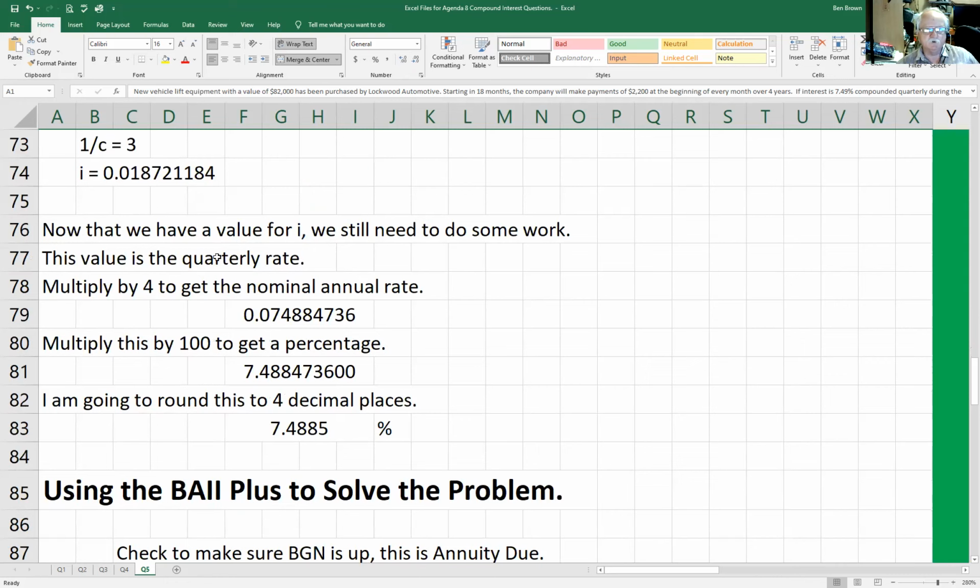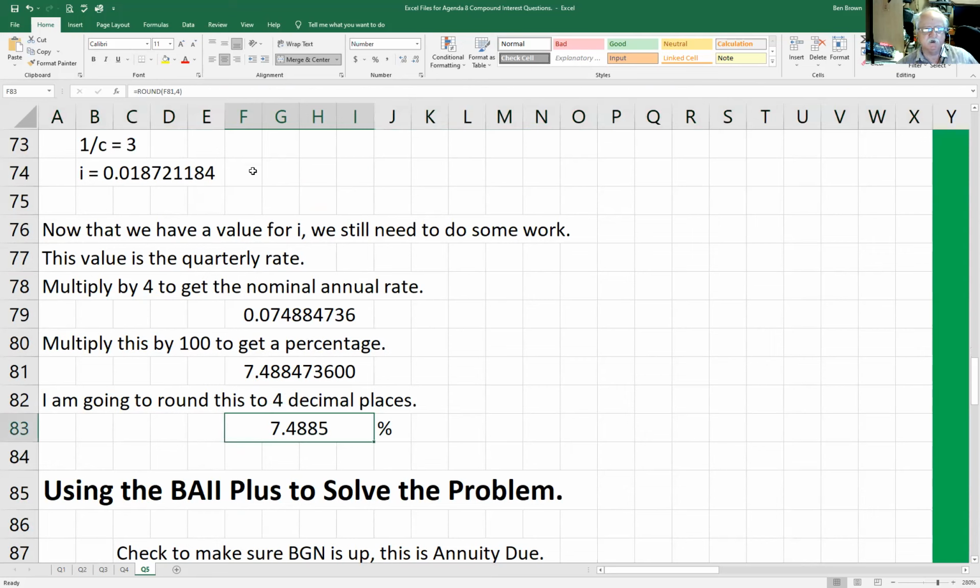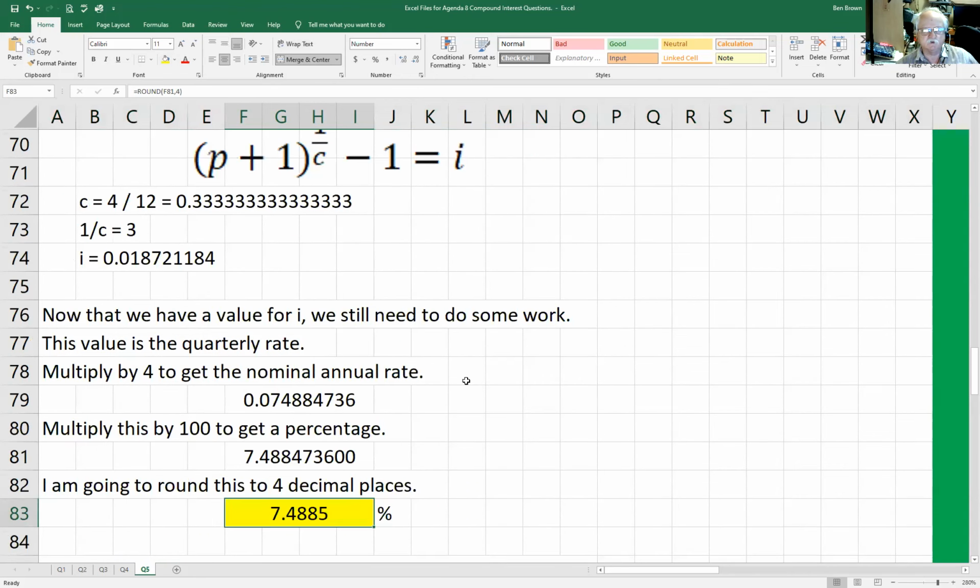We have to remember that this was a quarterly rate, so we multiplied it by 4 to get an annual rate, and then we multiplied it by 100 to get a percentage. So the percentage we got was 4.7885, but it took a lot of work to get there.